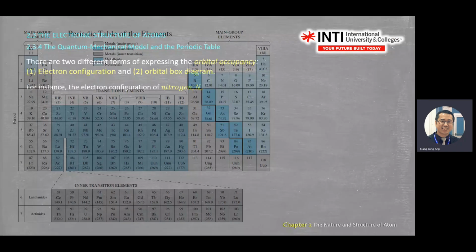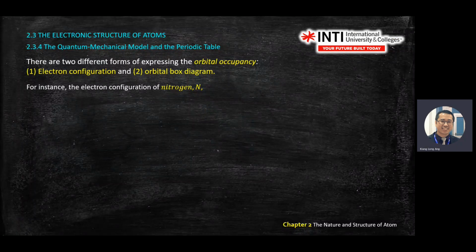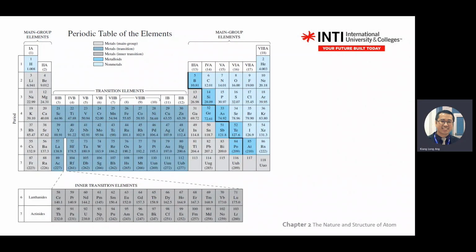Okay, so let's try another one. Let's see if you're able to do it. Next one, we look at nitrogen. Where's nitrogen? Here. It's just beside the oxygen, also period 2. You look at the number here, it is 7. You know that it has 7 electrons, but you can still count if you want.